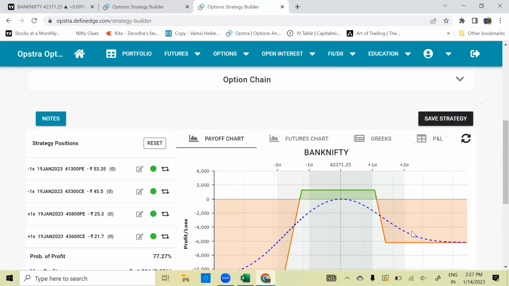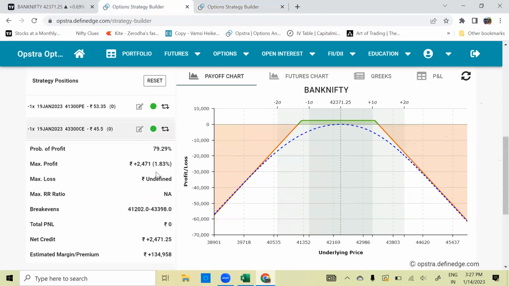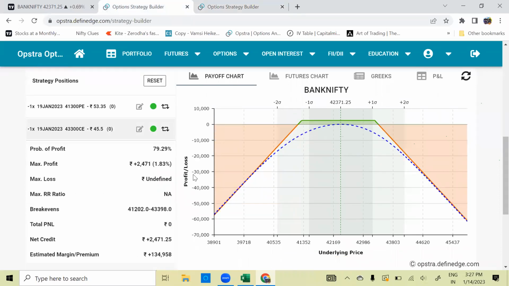If you just observe here, after I add the hedge of the 40,800 put and 43,600 call, it has reduced the loss. So I'm able to know what my max loss is, but here there is no max loss. Max loss is undefined, so I can lose huge money if it goes against me. But here in iron condor, it is showing me wherever it goes, the maximum loss is 11,000 rupees. Max profit is 1,300 rupees. Here max profit is 2,471.